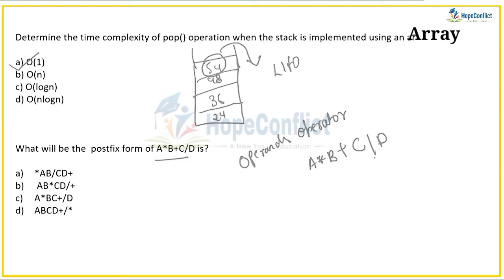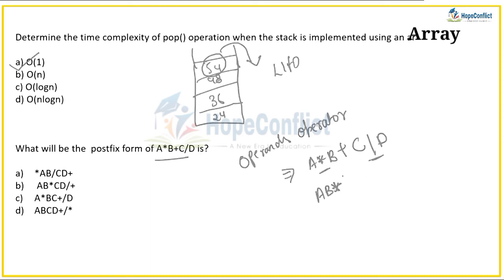Multiplication and division both have equal precedence, but when solving such expressions, if the operators have the same precedence, then you give precedence to the leftmost operator. So first we give importance to the multiplication operator. So what is going to happen?